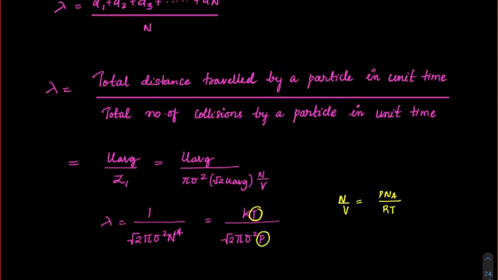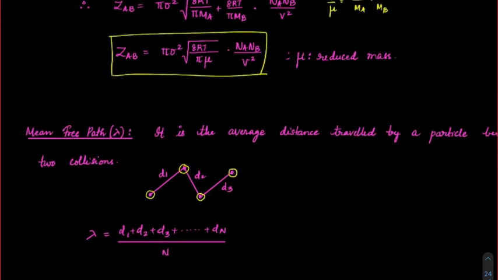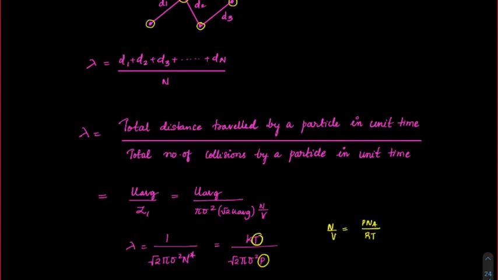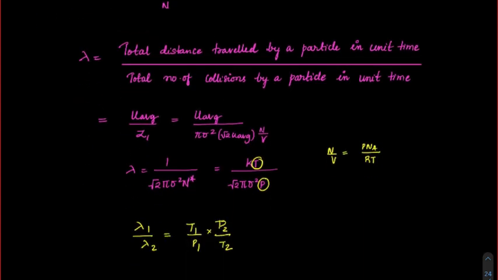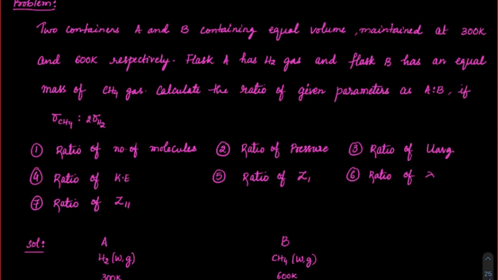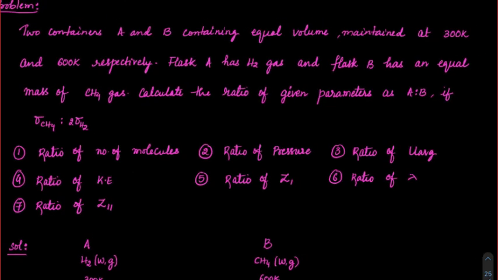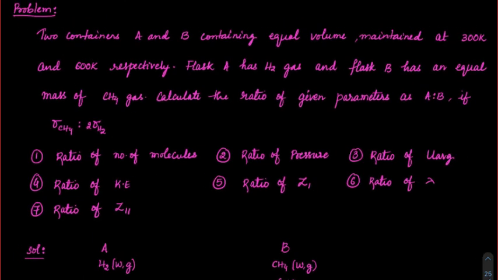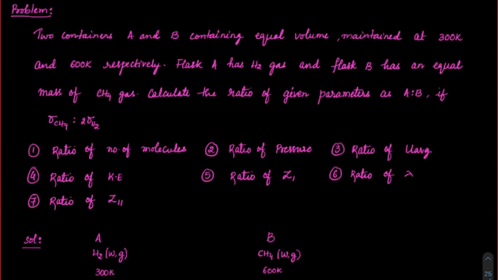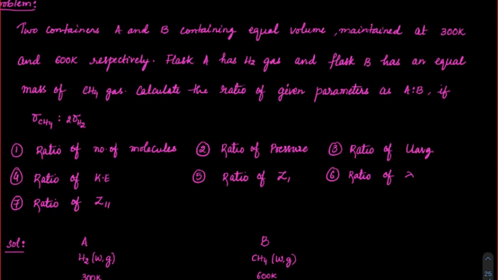This is the most important application out of all, because this is directly in your JEE syllabus. Now check this out. If a question is given where I have to find all these terms, how can we solve it? Two containers A and B containing equal volumes are maintained at 300 kelvins and 600 kelvins.